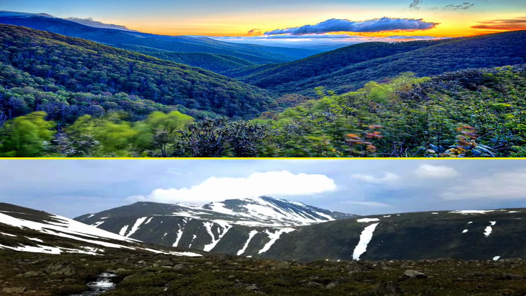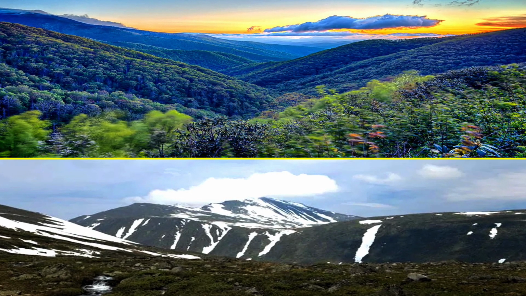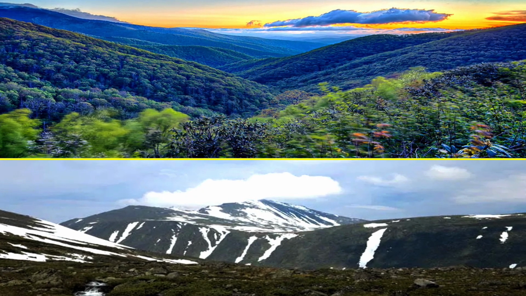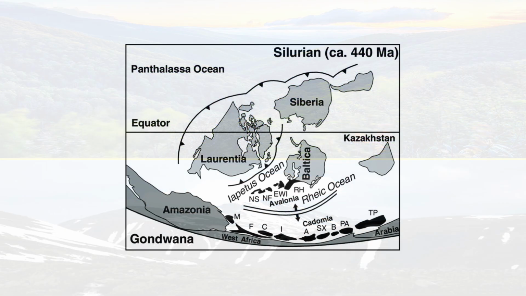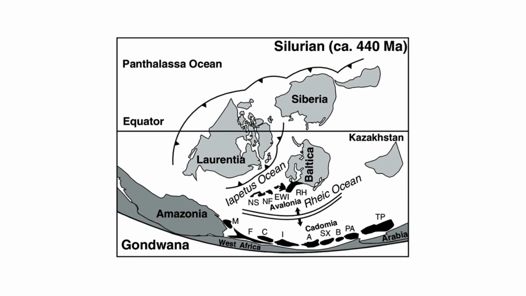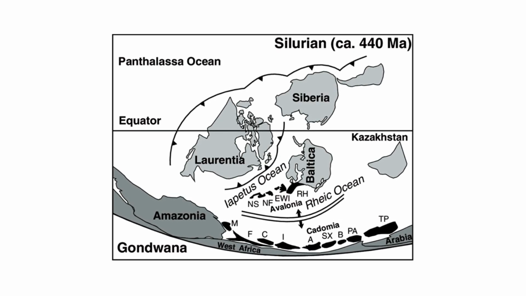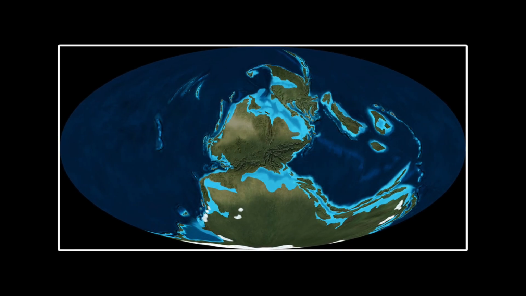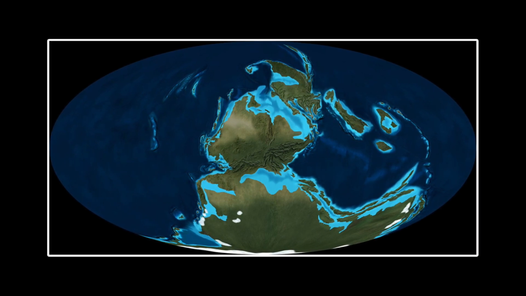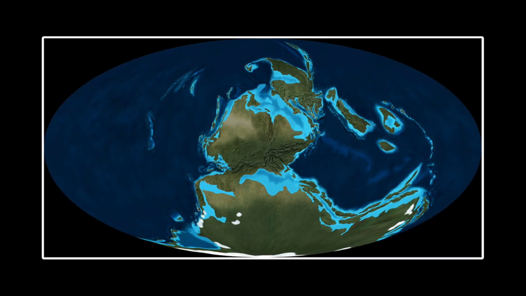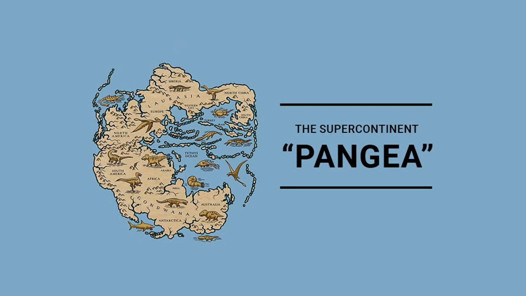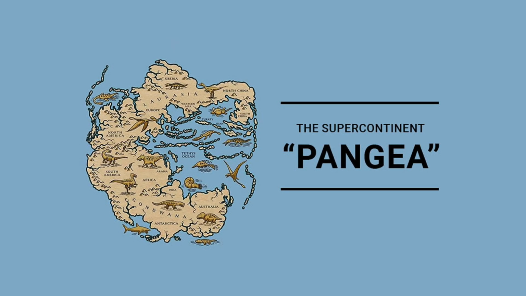These collisions not only pushed up major mountain ranges such as the Appalachian Mountains in North America and the Ural Mountains in Eurasia, but also contributed to the closure of ancient ocean basins like the Rheic and Iapetus oceans. By about 335 million years ago, during the late Carboniferous period, these tectonic forces had brought together almost all of Earth's land masses into a single enormous supercontinent known as Pangaea.